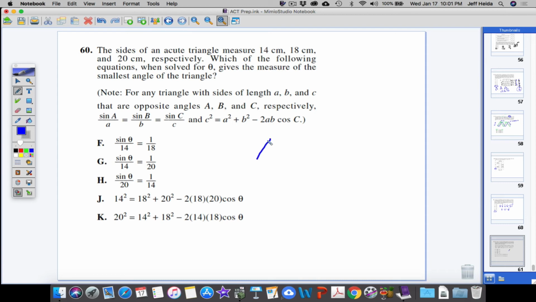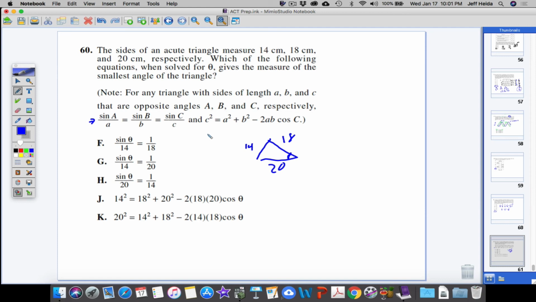So you have 14, 18, and 20. Those are all centimeters. And you need to solve for the smallest angle, which is opposite the smallest side. So this is called the law of sines. This is called the law of cosines.